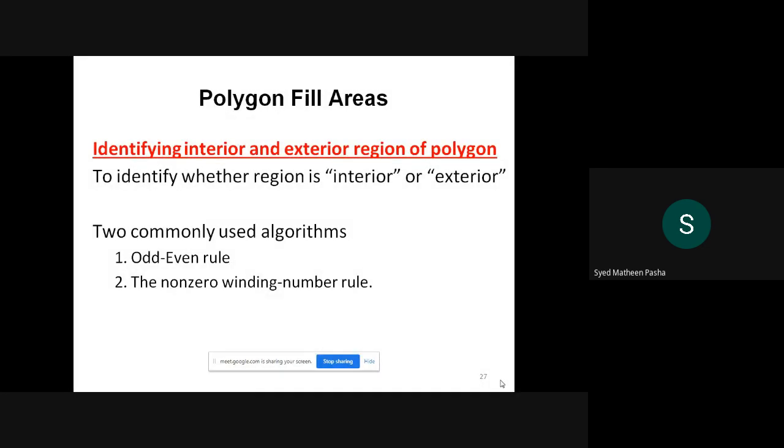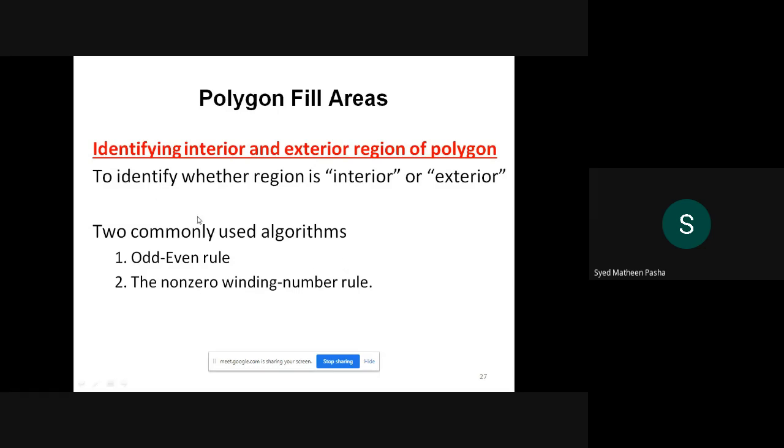Next, we have how to identify the interior as well as exterior region of a polygon. Suppose you have a triangle, as you know how to define its interior. You are able to see the interior part as well as the exterior part, but the system doesn't know. You need to perform some algorithms there, right? If you want to perform those algorithms, the system should understand what you are doing, that you are just checking the interior part or the exterior part of that particular object.